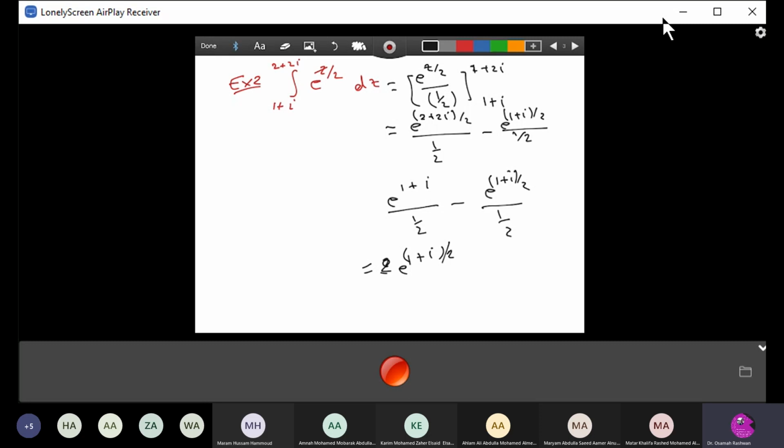Now I can write this as root e times e to the half i. I know e to the i half is cosine half plus i sine half. This is how to write e to the i theta. Finish. So yes, you can go through anything just like this one.